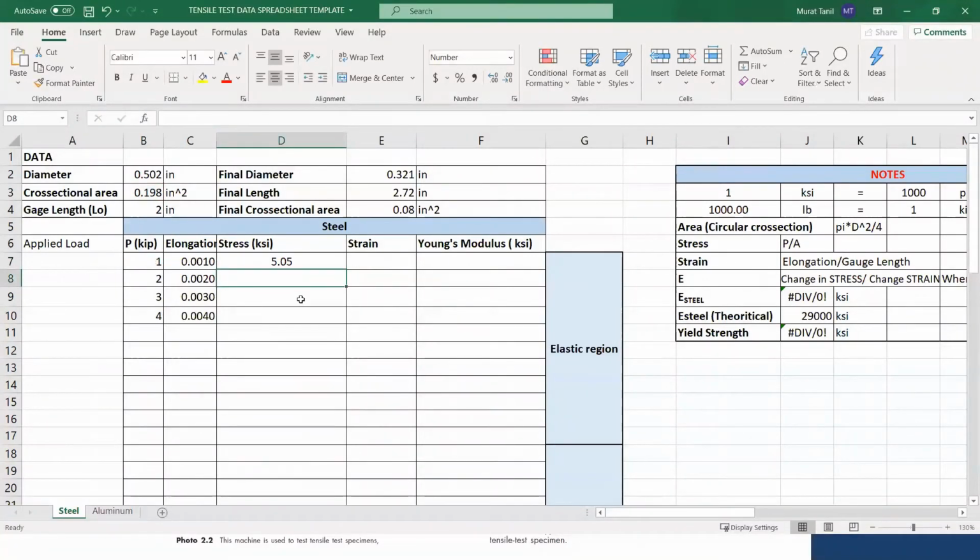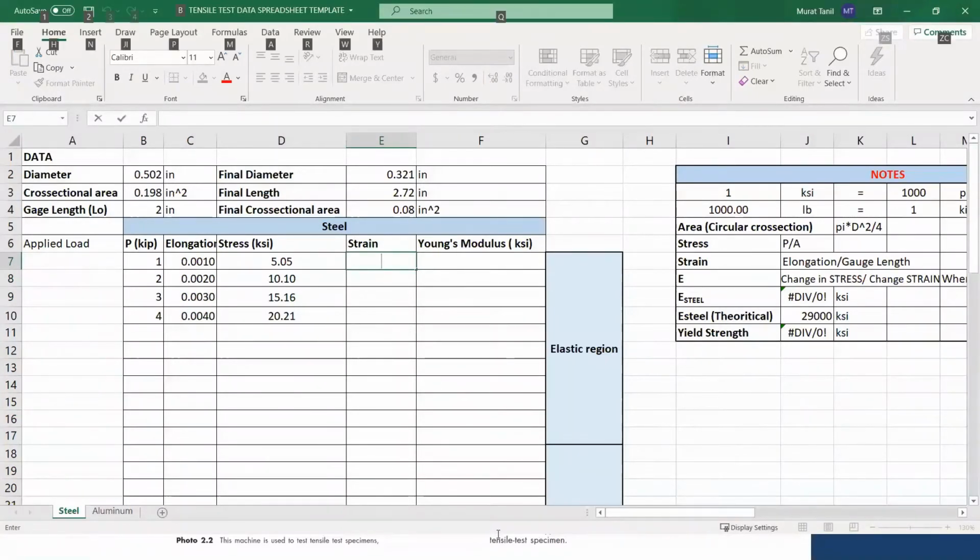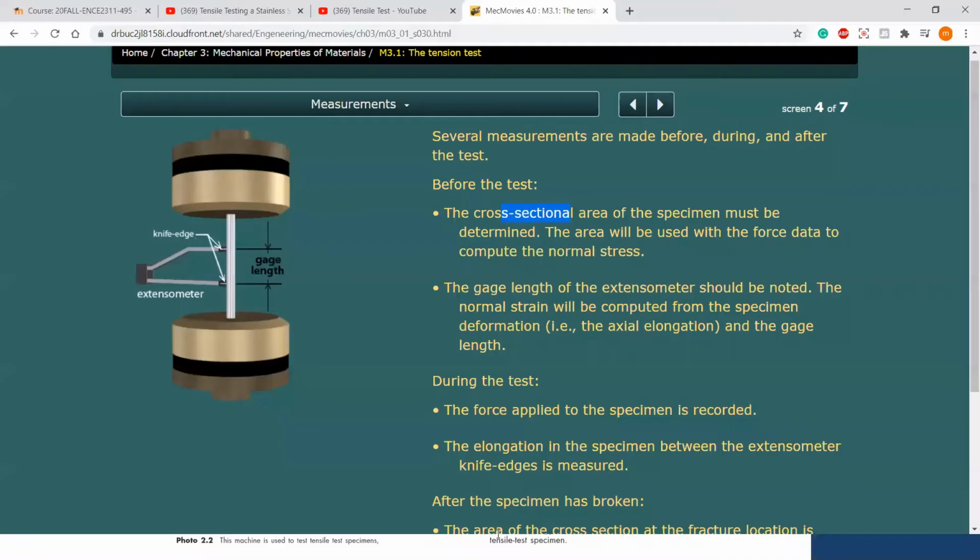It is 5 KSI. And if I break down the cells, I get the stress corresponding with the elongation. But I also need to have the strain. So we're going to get the strain calculations when we get to the strain stage on the simulation. Let's look at the next section.